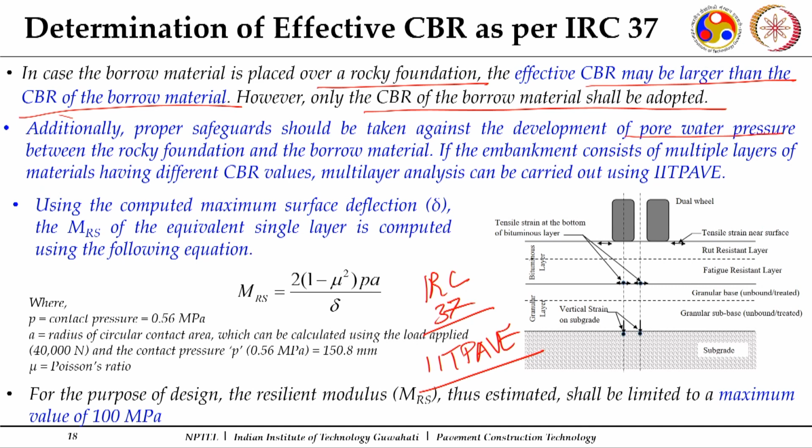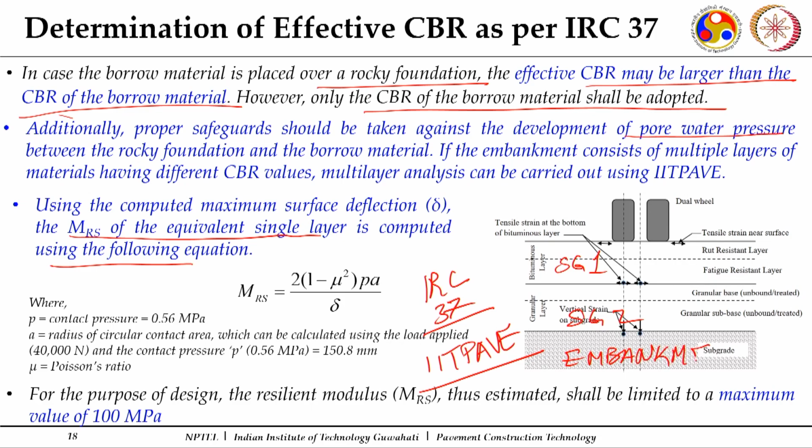Another important aspect, in a simplified version, is that if I want to work out the resilient modulus of a single layer, instead of bituminous, granular and soil subgrade, I can consider it in a different manner: subgrade layer 1, subgrade layer 2 and an embankment layer.